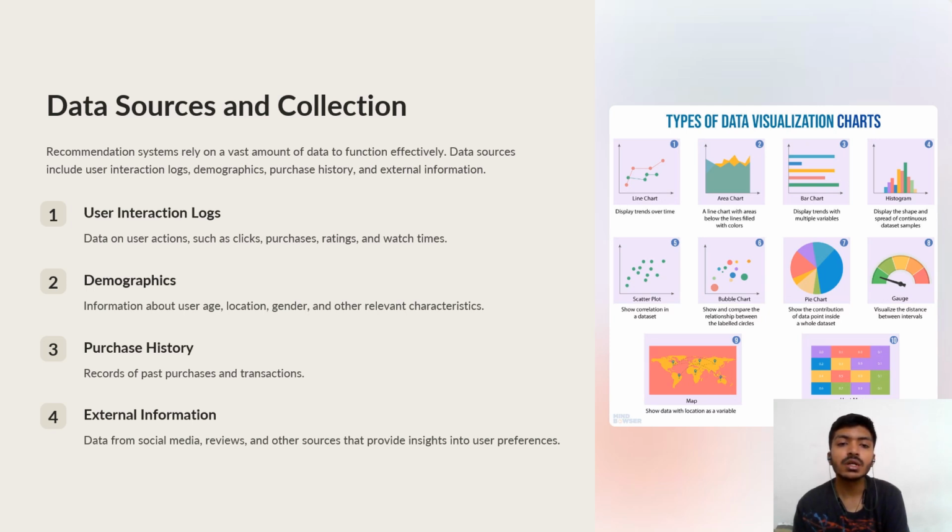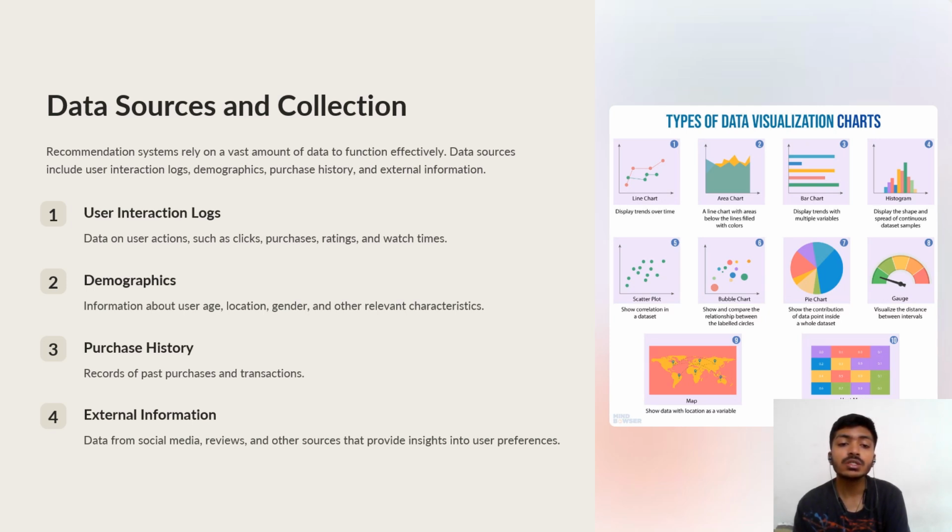Under user interactions, data includes clicks, purchases, ratings and watch times. Under demographics, we have information about the person's age, location, gender, and other relevant characteristics.